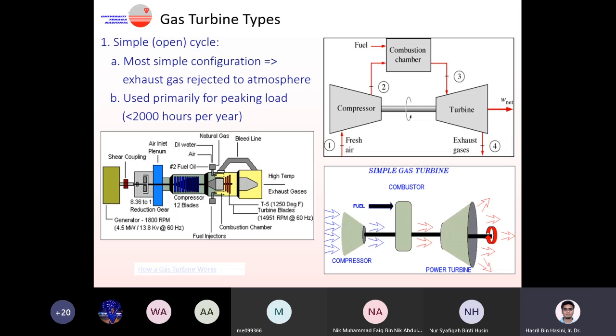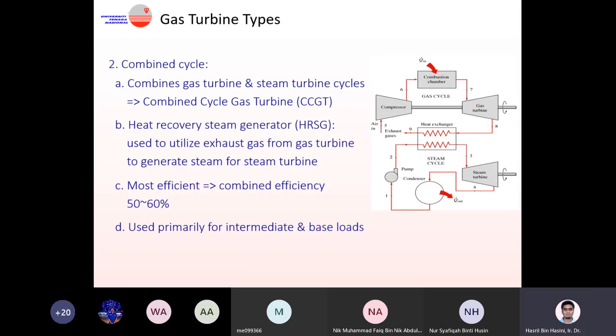You imagine gas at 400 to 500 degrees Celsius still contains a lot of energy. So rather than wasting that energy to the atmosphere, they use it to heat up water, convert it into superheated steam, and drive the steam turbine. So that's why we come up with the combined cycle.